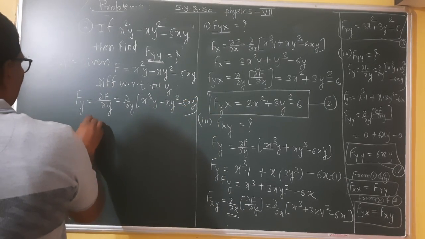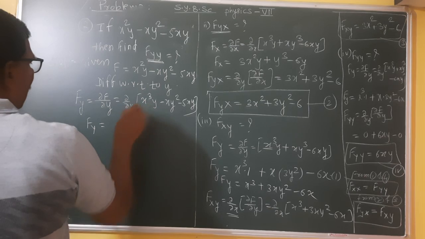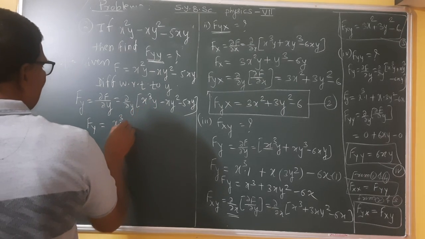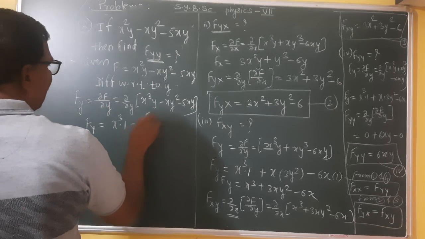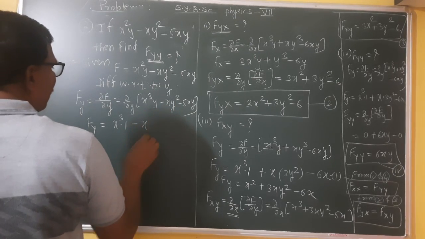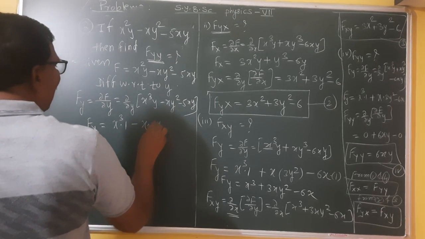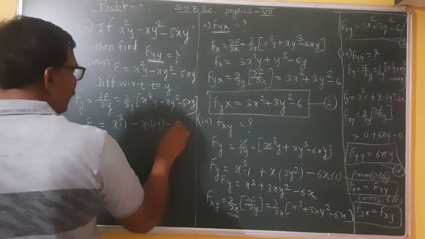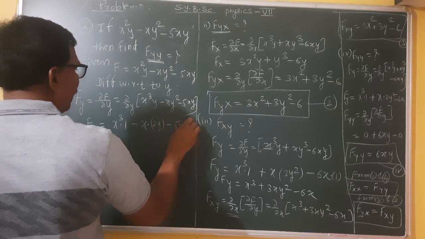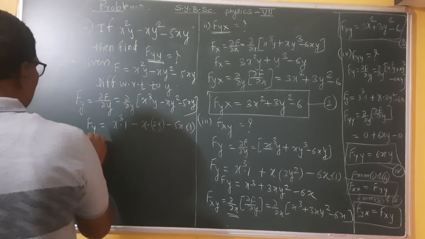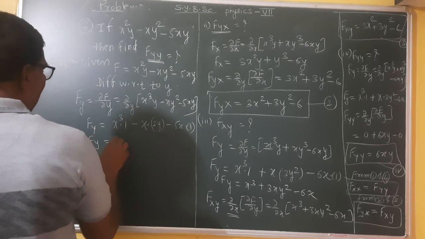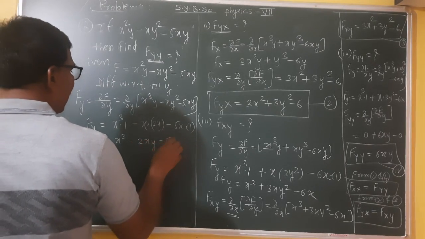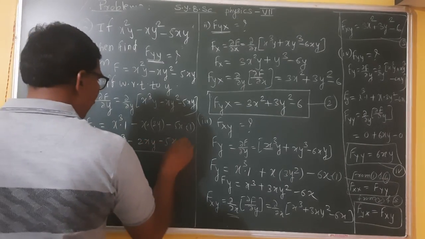Differentiate it with respect to y: x² is as it is, derivative of y is 1; minus x as it is, derivative of y² is 2y; minus 5x, constants as they are, and the derivative of y is 1. It gives fy is equal to x² − 2xy − 5x. This is the function for fy.